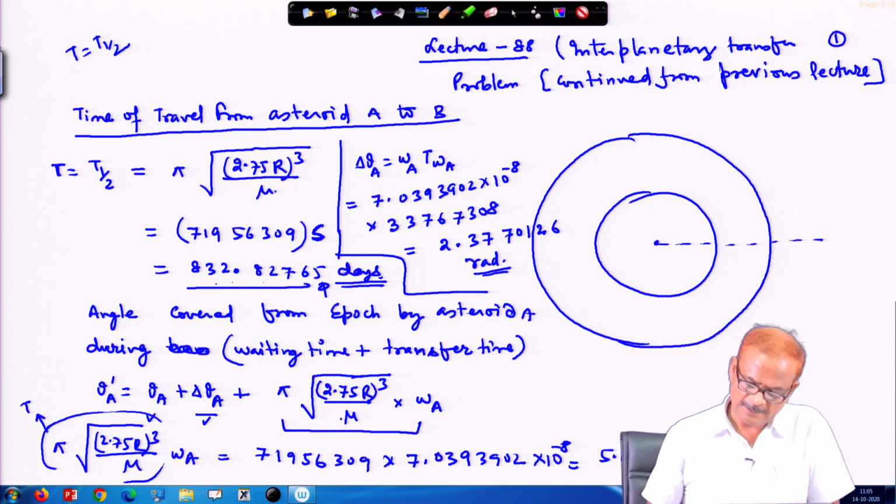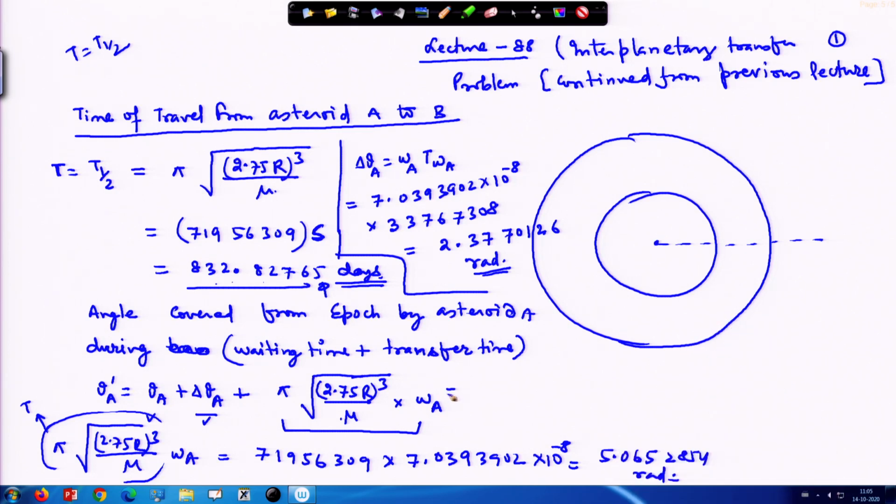Now, if we add all of them, so theta A, it is already given to us 139 degree plus delta theta A, which we have written here 2.3770126, and this quantity, this also we have got, this is in terms of radians, this is total angle. Okay.